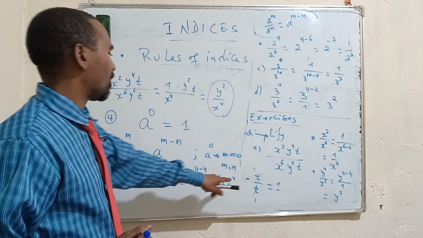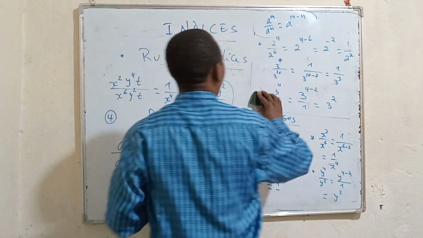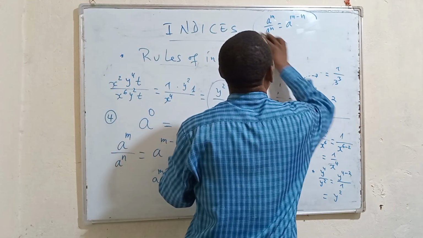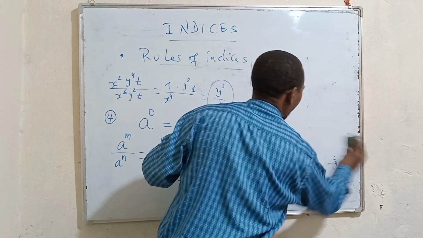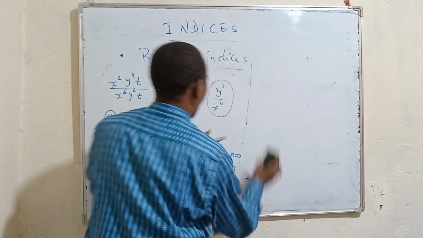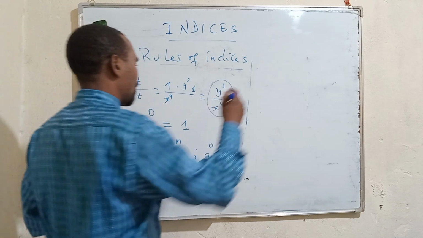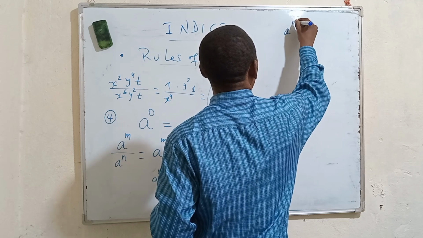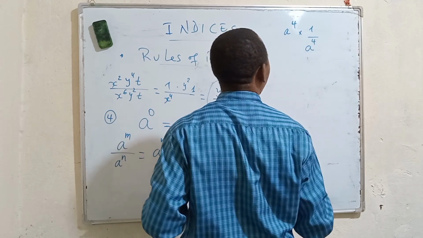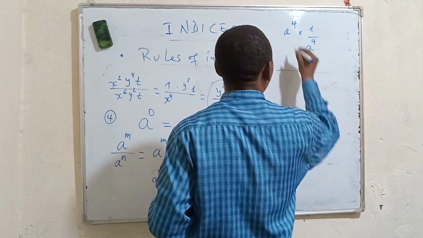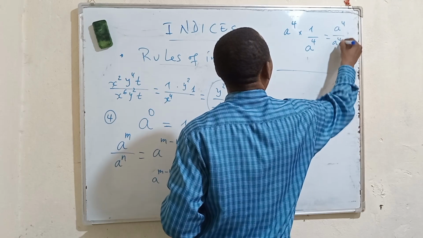Then the negative power, we know how to change into positive power. By changing it into positive power, you see, I will get a power 4 times 1 over a power 4, which gives a power 4 over a power 4.